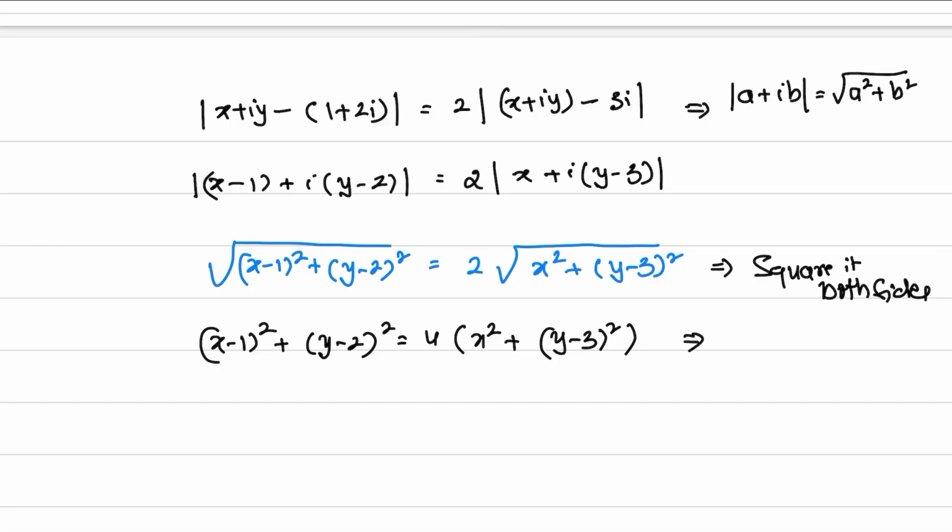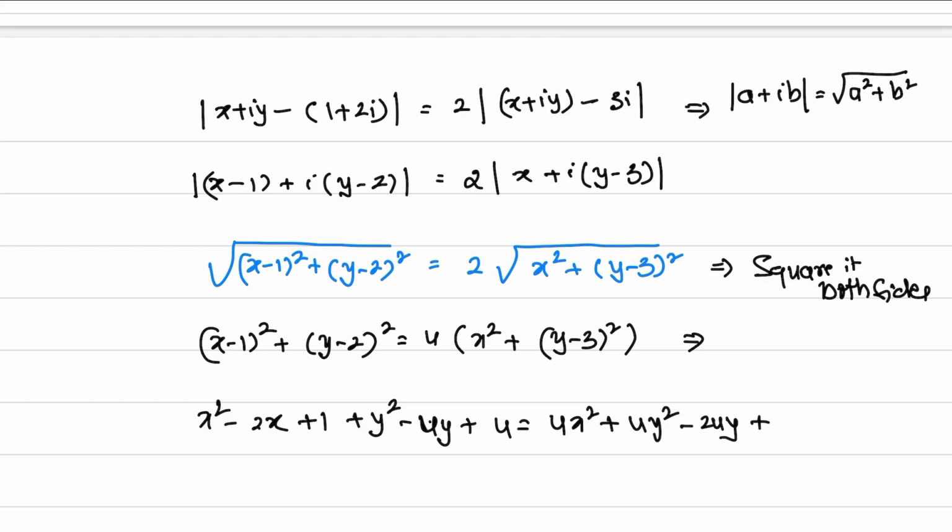This is a simple secondary school quadratic equation. x square minus 2x plus 1 plus y square minus 4y plus 4 is equal to 4x square plus 4y square, 2 into y into 3, 6, 6 into 4 is 24, minus 24y, plus 9 into 4 is 36.